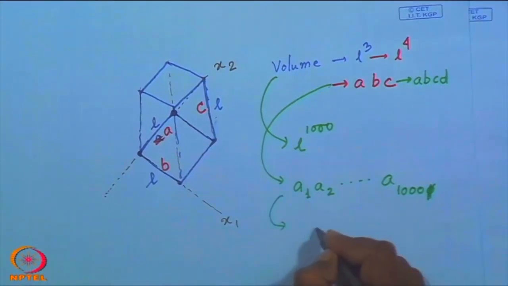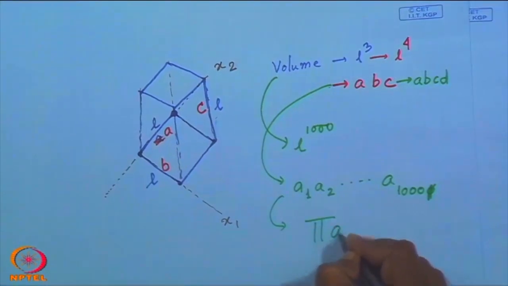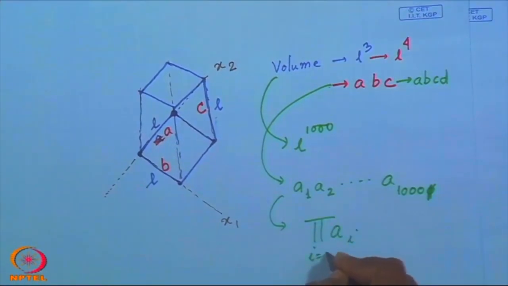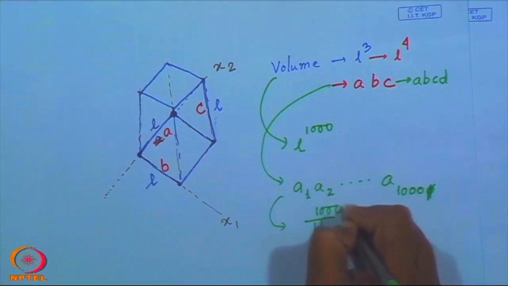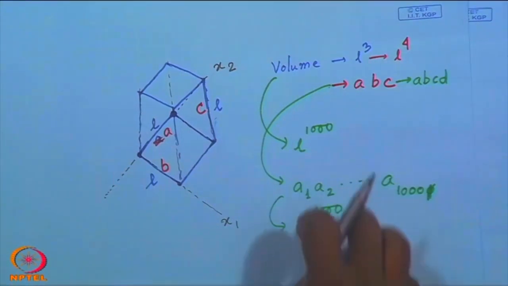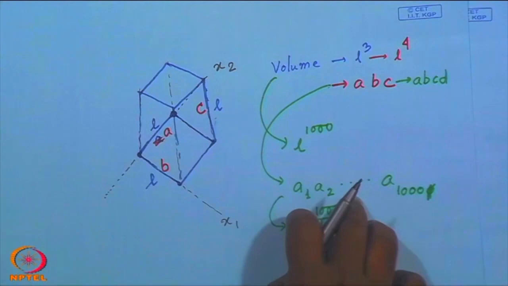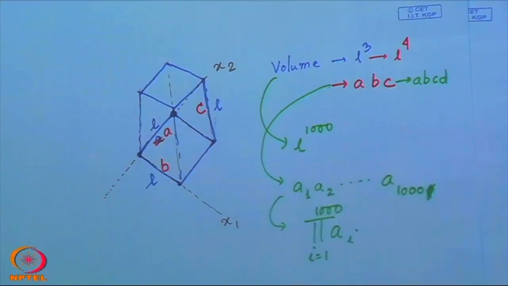I can simply represent this as the product of Ai, i equal to 1 to 1000. So, this will be the volume of the hyperparallelepiped in 1000 dimensions.